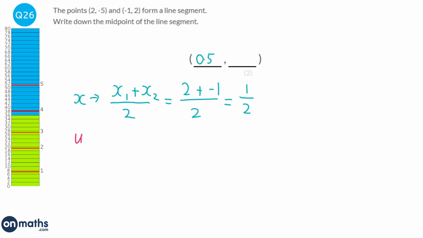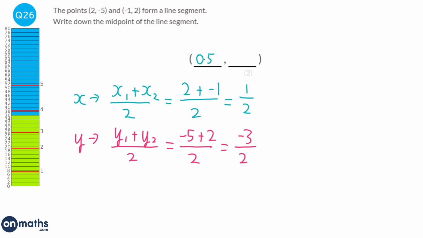Do the same thing for the y coordinates, and the formula is the same, but just adding the y coordinates together and dividing by 2. So it's going to be -5 plus 2, all of that divided by 2. So that's going to be -3 over 2, or -1.5.